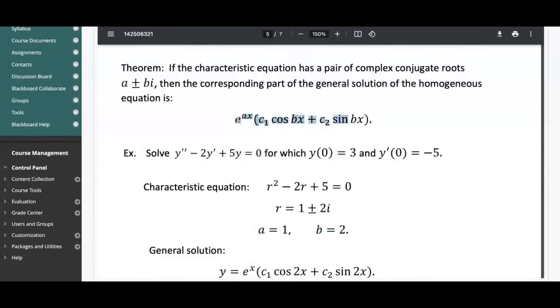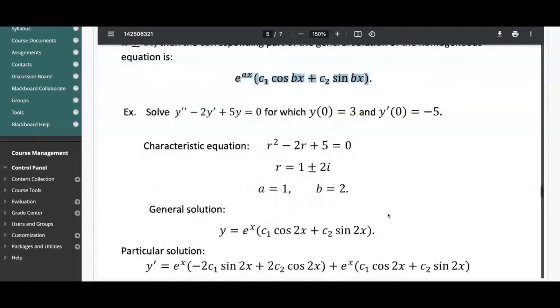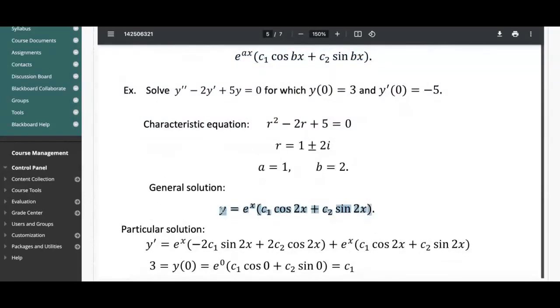So by this theorem, right away we get e to the x, c1 cosine 2x plus c2 sine 2x. Cosine bx, sine bx, and the real part is here, e to the ax. In this case, it's just e to the 1x, so e to the x.